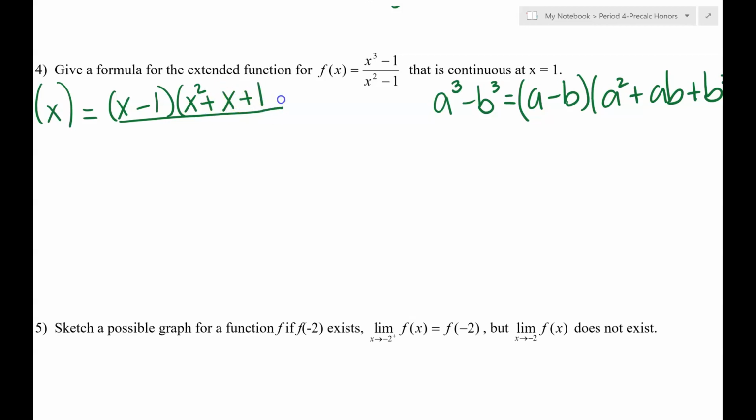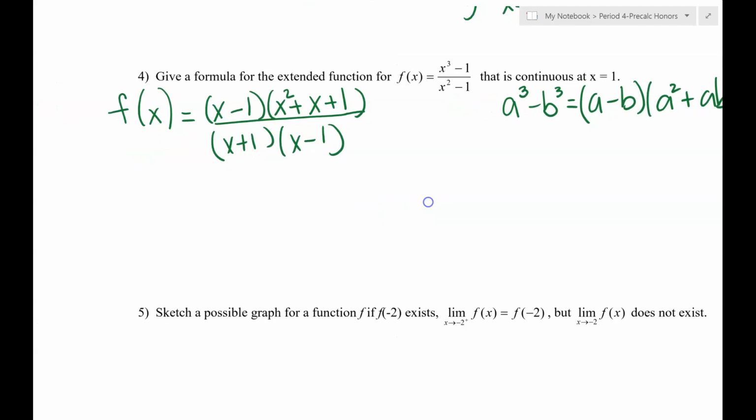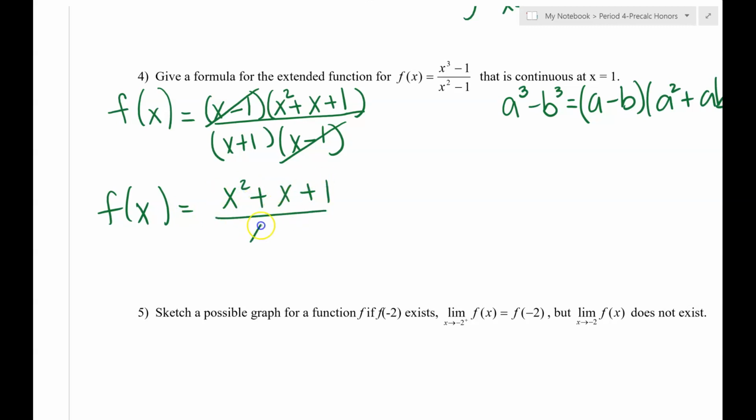Good. Right. Kit, do you have the factors for the bottom? Good. So from here, can you guys see that I can reduce? Yeah. So my new reduced equation, check it out. Is it now continuous at 1? Yes. I'm good. Box it up.